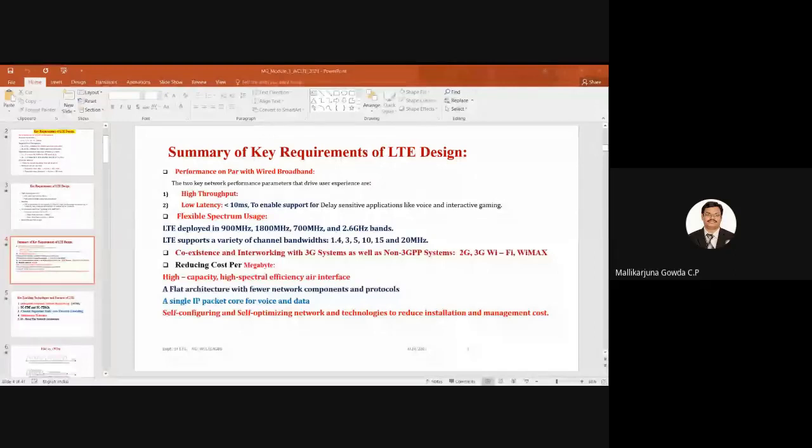OFDM, the first one. Can you expand what it is? Orthogonal frequency division multiplexing. Fine. Then SC-FDE and SC-FDMA, that is single carrier frequency domain equalization and single carrier frequency division multiple access.